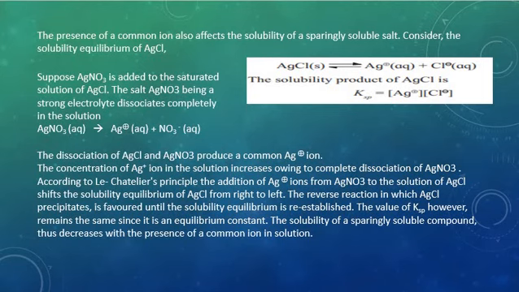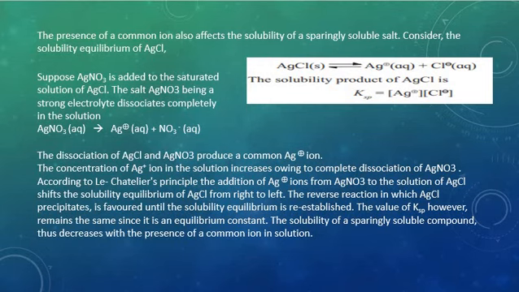Then what will happen? According to Le Chatelier, silver ions from silver nitrate added to the solution of AgCl shift the solubility equilibrium from right to left. The reverse reaction starts, and silver chloride starts precipitating out, which is favored until the solubility equilibrium is re-established.